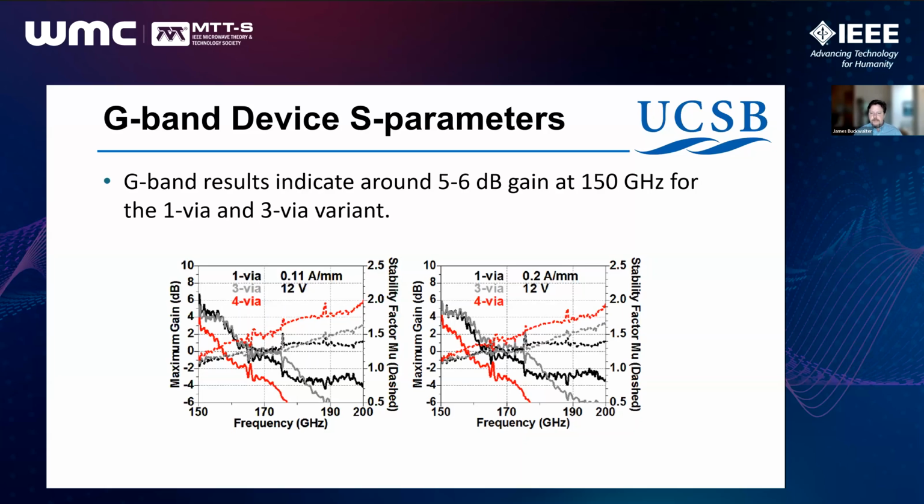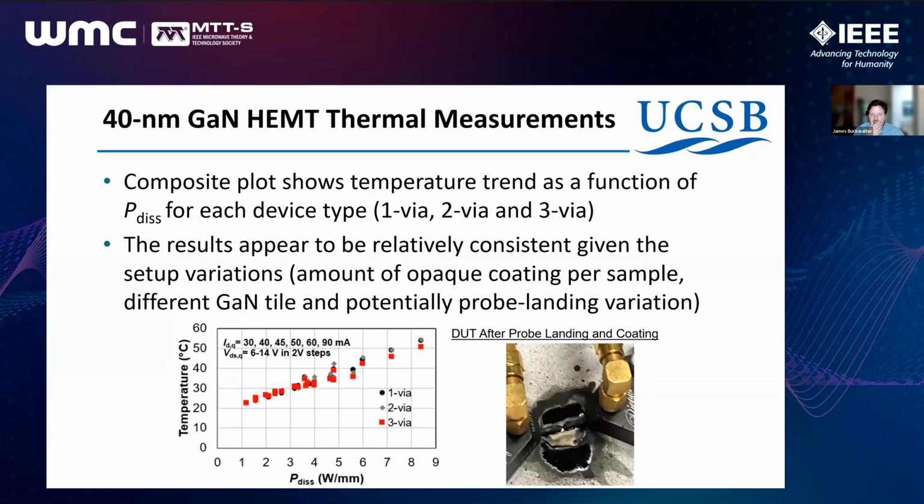Looking at this with higher current densities on the right, the same drain source voltage, you'd expect a lower gain, but it's also comparable. So one of the thoughts is that extra via might influence us by providing a better thermal path.